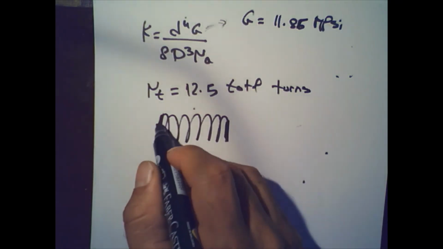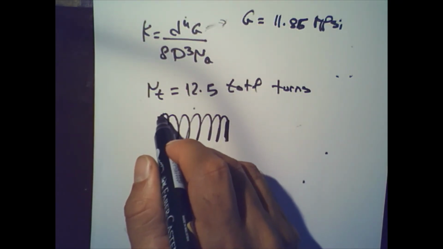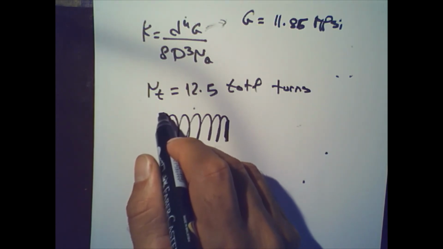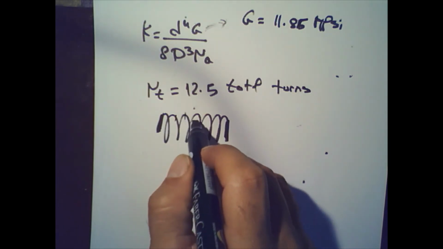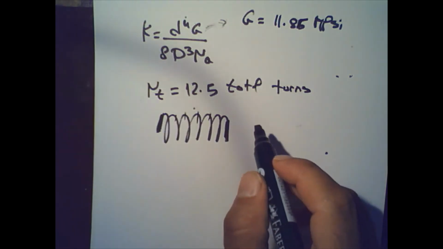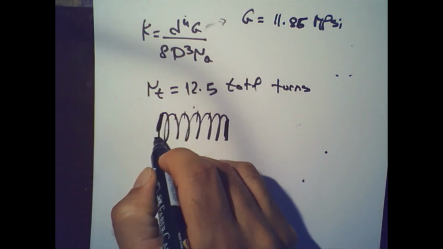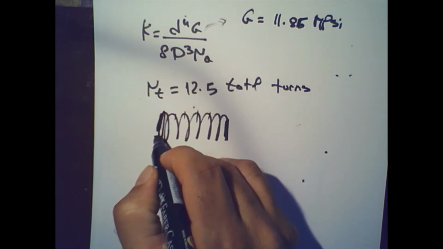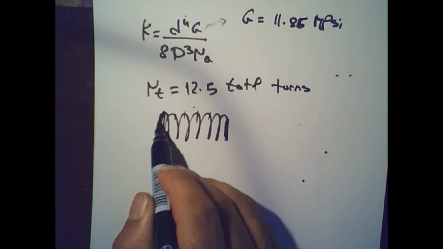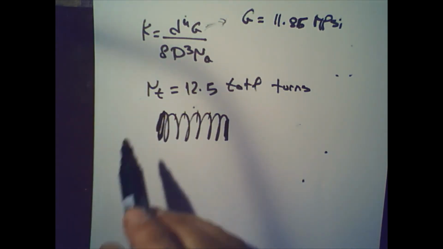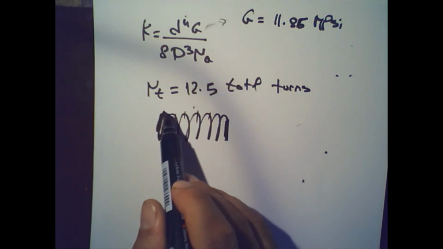So this portion wouldn't be experiencing the same load that you are getting here and here and there and there. Especially if the spring is fully closed, you have one more turn here that is simply doing nothing but maintaining the length of the spring. So only a tiny portion of that last coil is used to take any load.